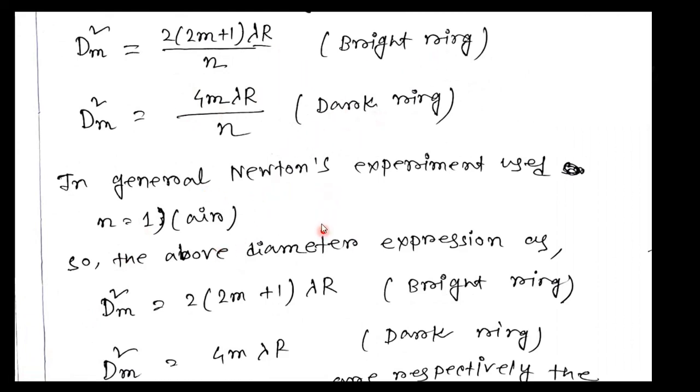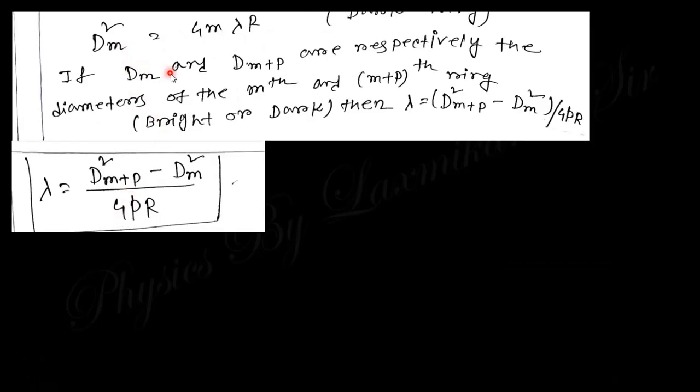In the Newton's ring experiment, use n equals 1. If you put n equals 1, you get the bright ring diameter and the dark ring diameter. So if you consider D_m and D_(m+p), the diameters of the mth and the (m+p)th ring, in the case of dark and bright both, you finally get the value of lambda.